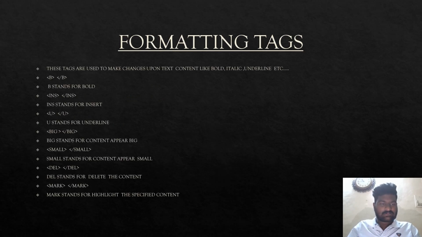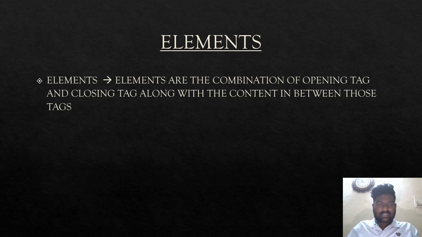Formatting tags. These tags are used to make up text content like bold, italic, underline. When we need bold content, we use formatting tags like B, and when we want to insert text, we can use the insert tag. Elements are the combination of opening tag and closing tag.